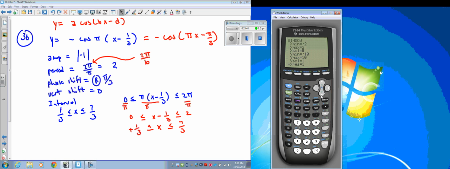Make this scale 1/3. Because the height is 1, make the minimum like minus 2 and the maximum 2. And then graph it.